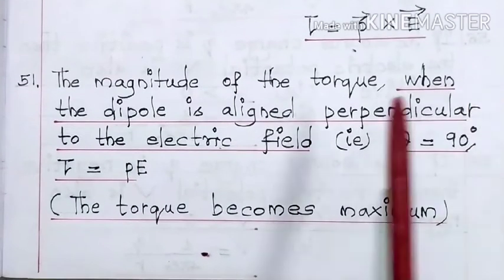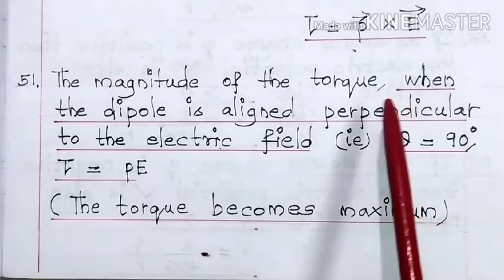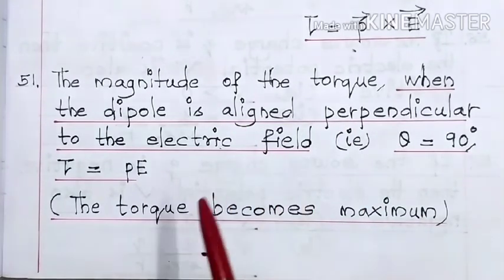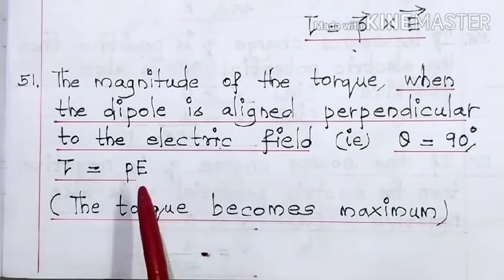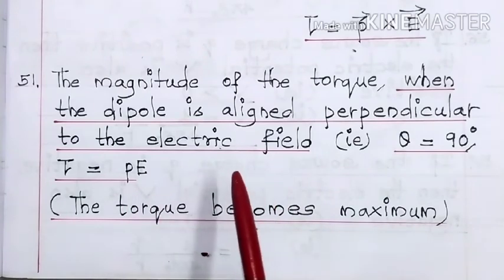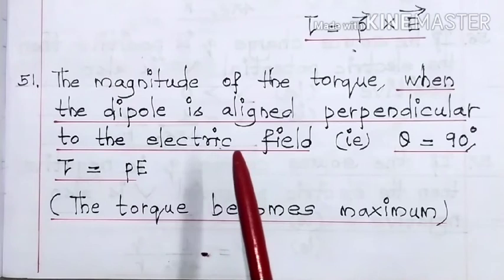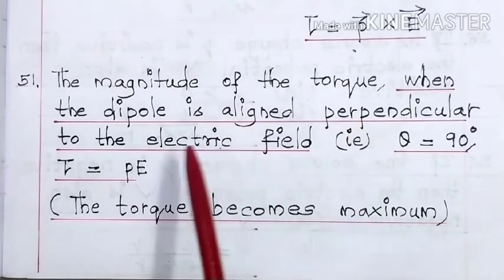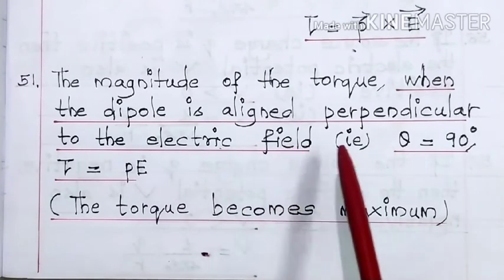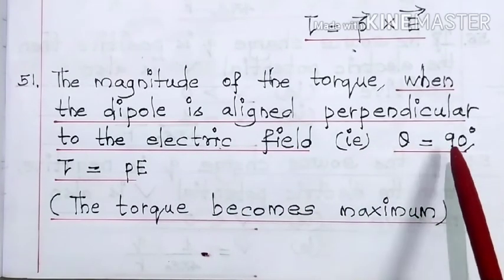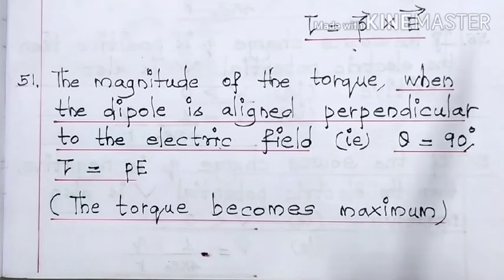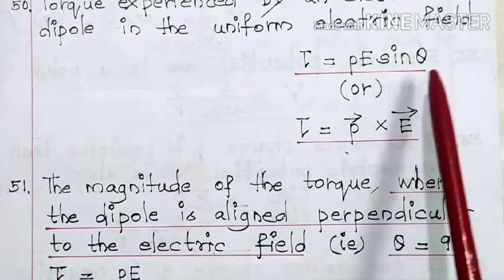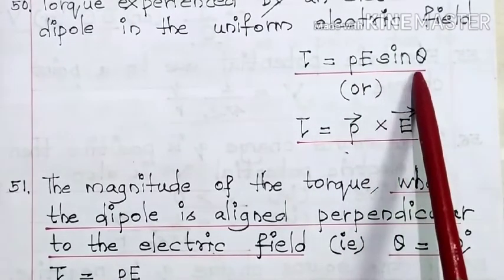The magnitude of the torque when the dipole is aligned perpendicular to the electric field. Now there is a uniform electric field. In that electric field, a dipole is placed perpendicular to the direction of the electric field. So here the angle becomes 90 degree. Now come to this expression, tau is equal to pE sin theta, which is equal to pE sin 90 degree.